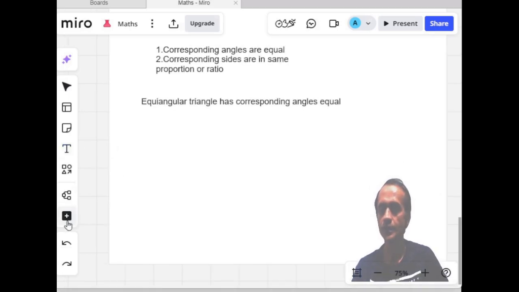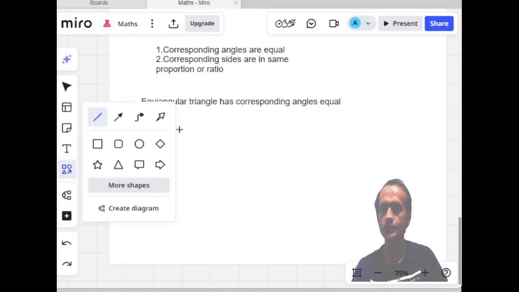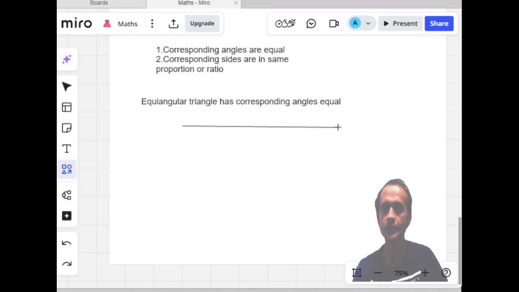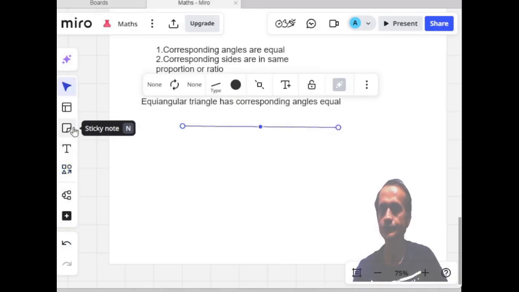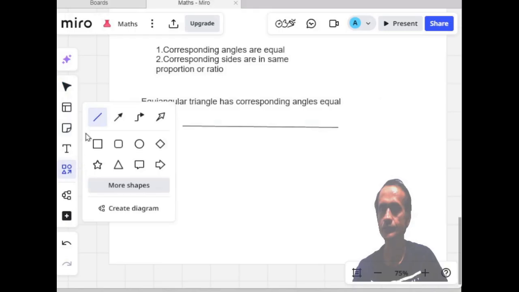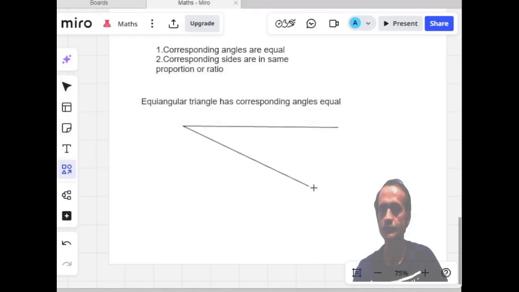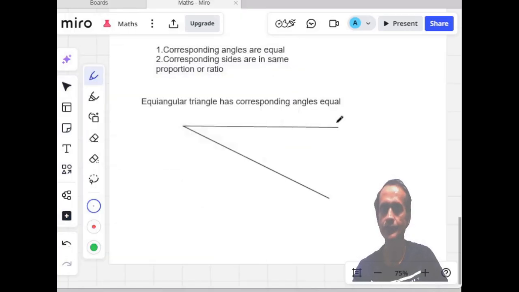So we'll do this activity which is given in your NCERT book. Draw an angle. So these are the two lines. Let us mark a few points on these lines.